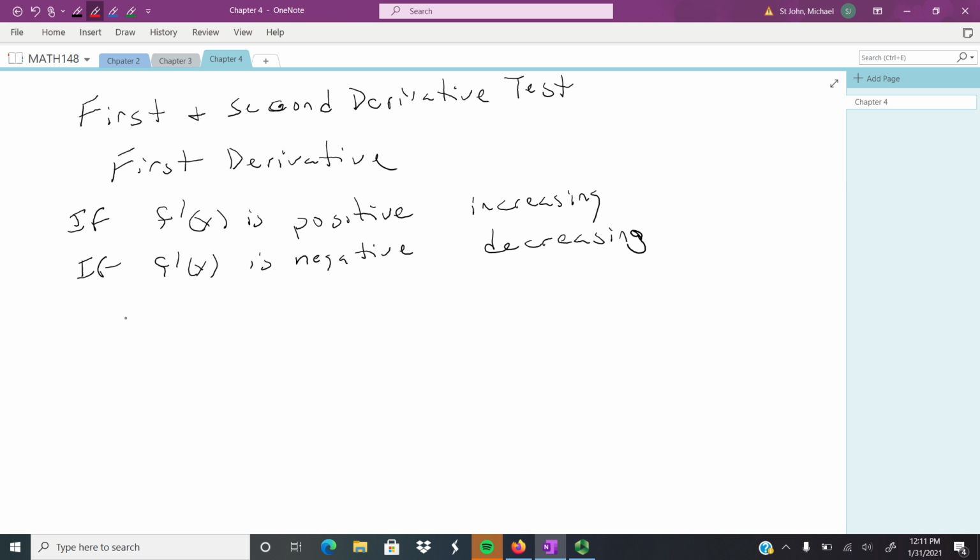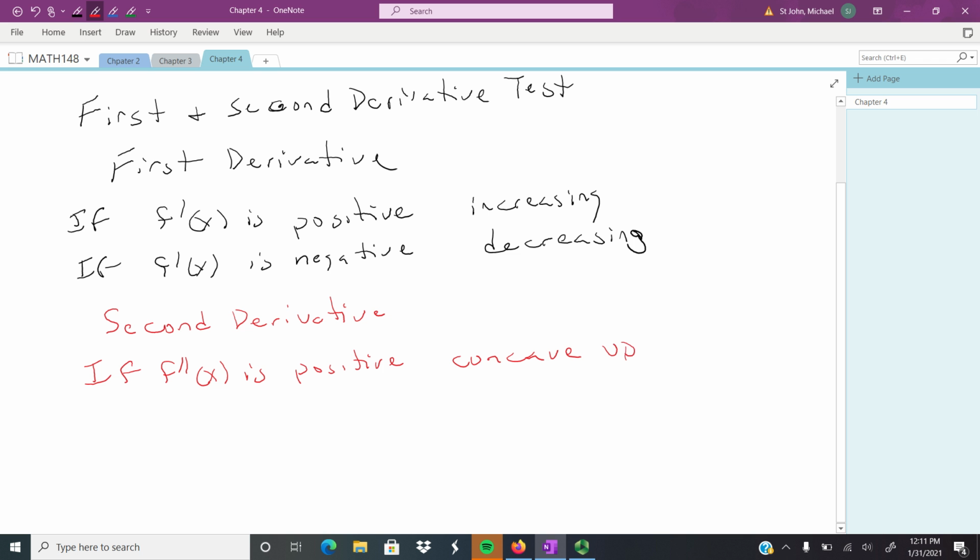And then in terms of the second derivative, if the second derivative is positive, then concave up. And if the second derivative is negative, then concave down. Right?